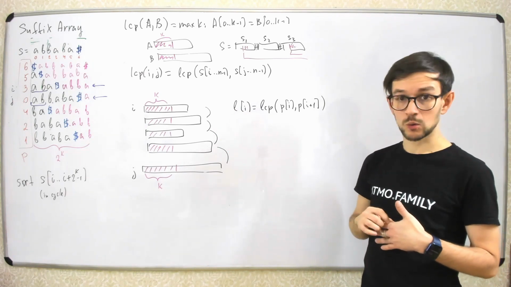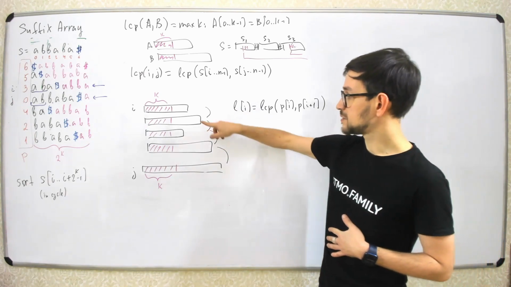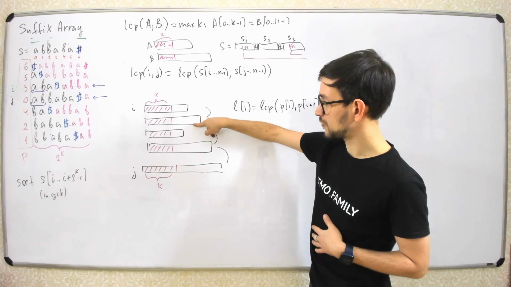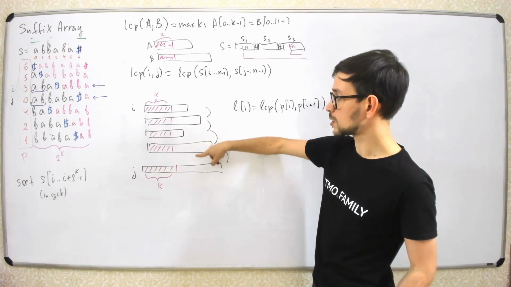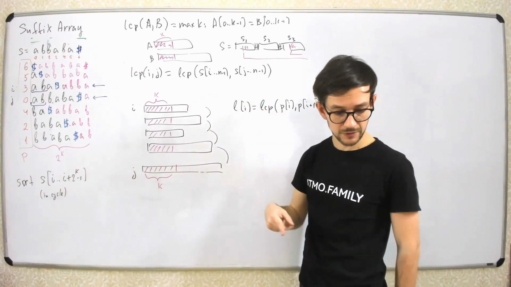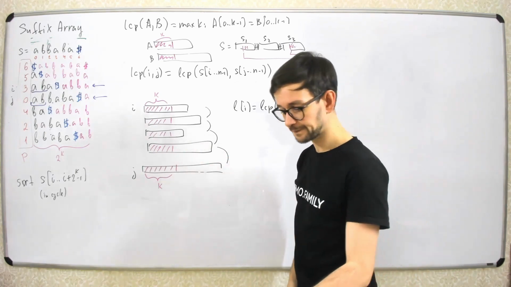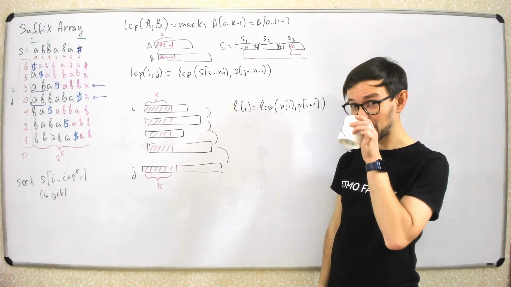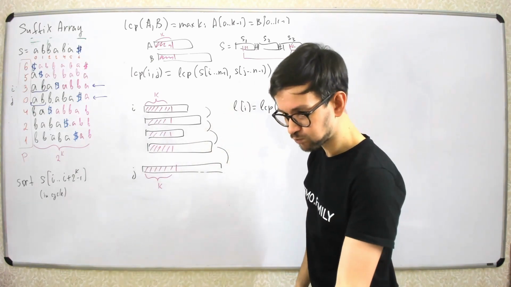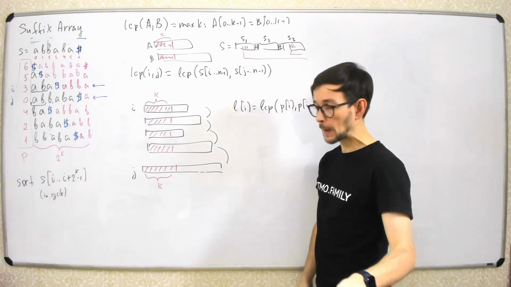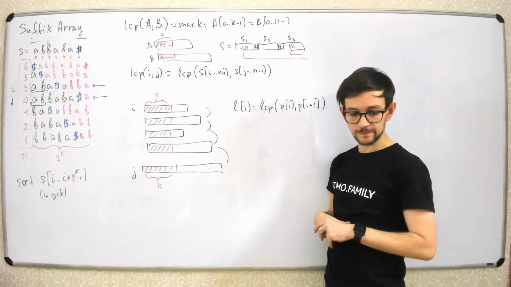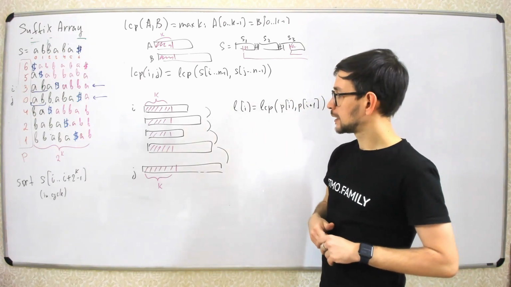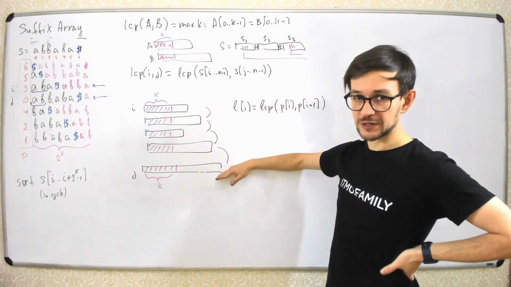Now, if we know the LCP of these two suffixes, of this and this, how can we calculate the LCP of the first and the last suffix? Say something. Again, you have a sequence of strings.